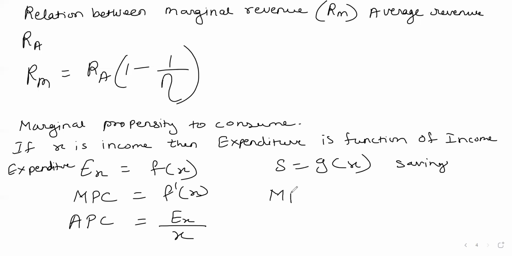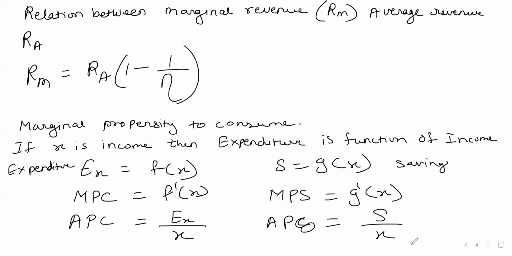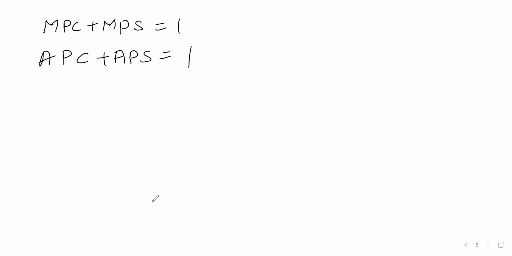So marginal propensity to save is first order derivative of this, and average propensity to save is total savings upon X. An important rule here is marginal propensity to consume plus marginal propensity to save is equal to 1, and average propensity to consume plus average propensity to save is equal to 1.